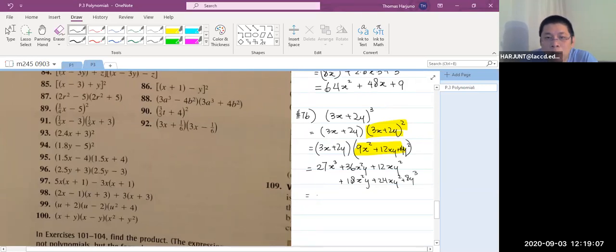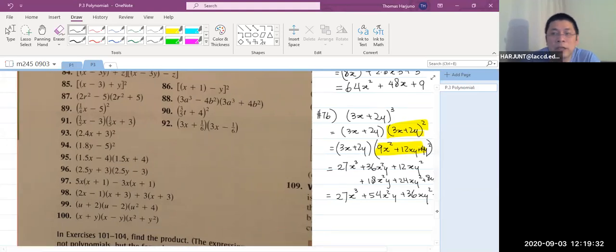So when I combine like terms, I get 27x cubed plus 54x squared y plus 36xy squared plus 8y cubed. Let's see, did I do it right? Okay, it seems to be okay.